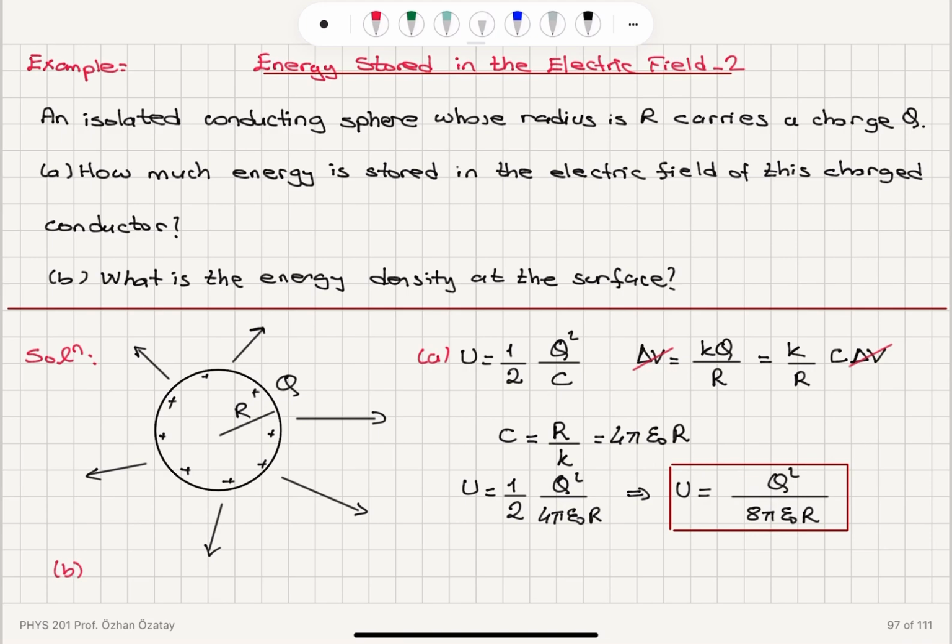Part B is asking us the energy density at the surface. Now the energy density at radial distance of capital R from the surface is equal to 1 over 2 epsilon 0, permittivity of free space, times electric field squared. And what is the electric field at the surface?